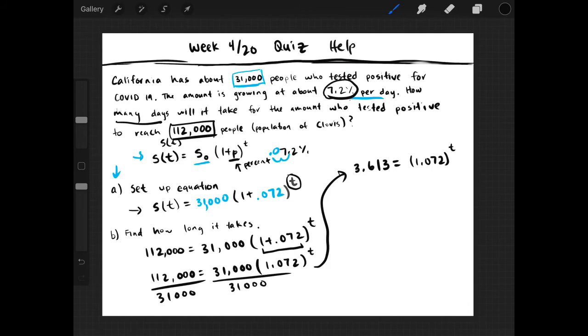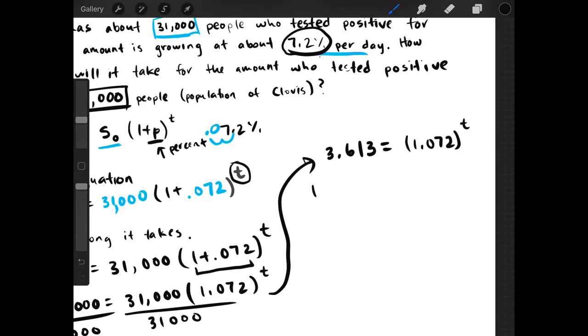So we're going to say log, our base is 1.072, of 3.613. I'm going to put that in parentheses to try to make it a little more neat, equals t. Now, if we had a calculator that was real fancy, we could probably just plug this in, but I don't. I just have my iPhone calculator, and there's no button in there where we can do log base 1.072.